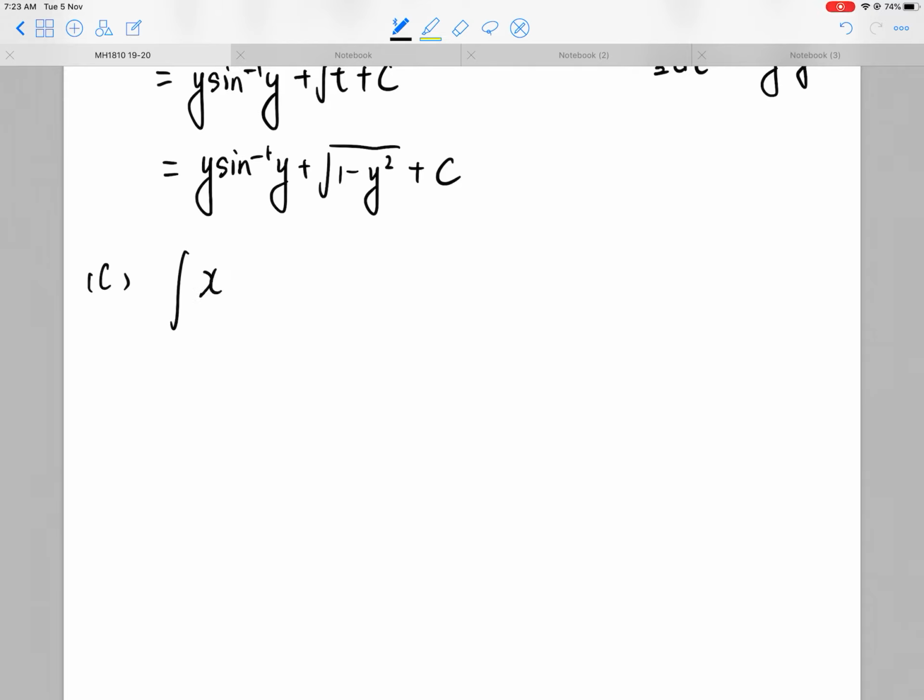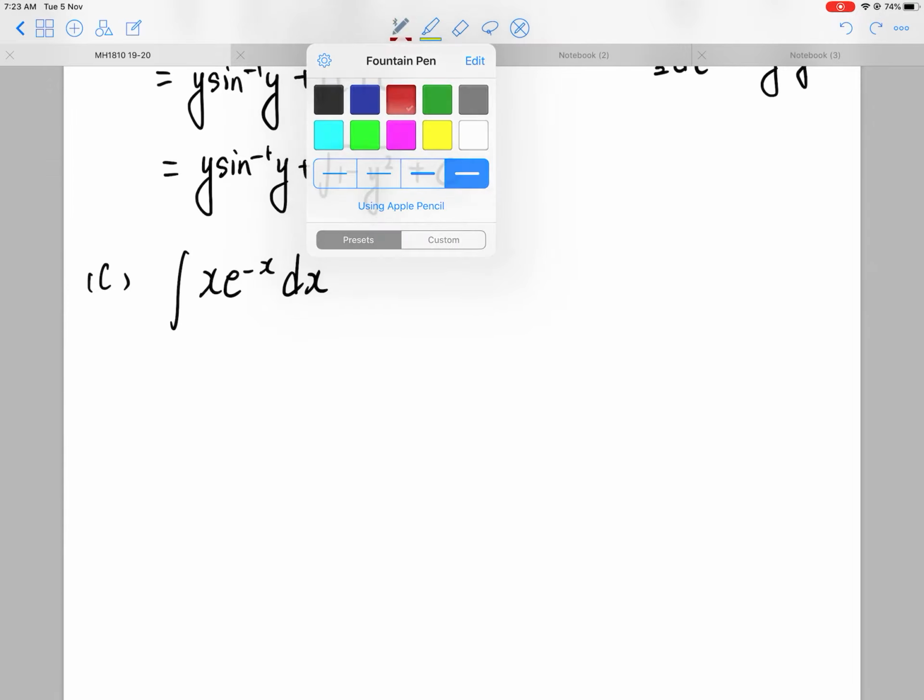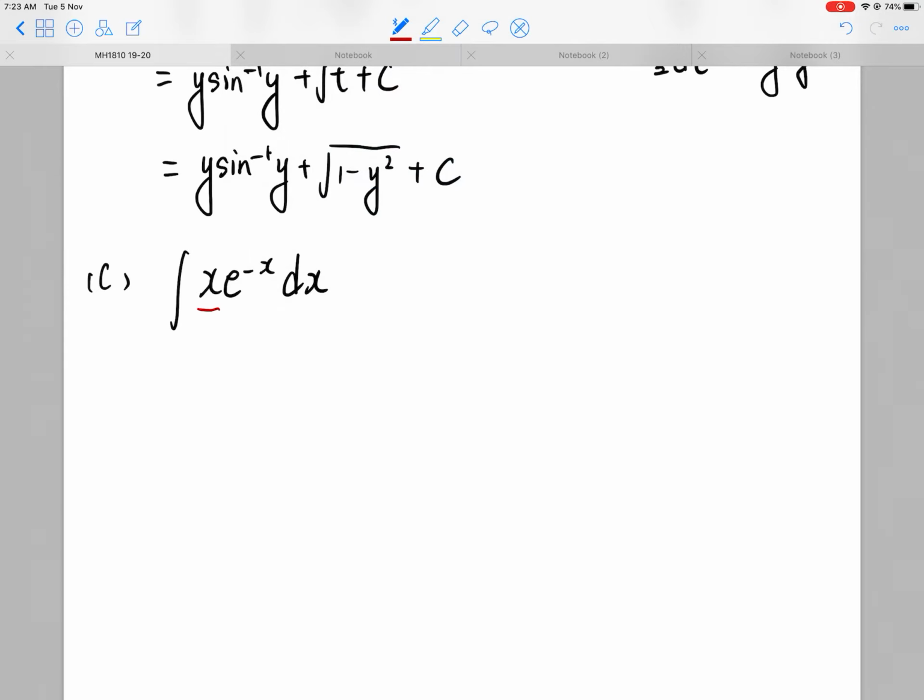Part C, it's an integration of this. The idea is, if this part is 1, it's much easier to integrate, right? So we can treat this as your u, this as your v prime, which means your u times v. So what is v? V is this.